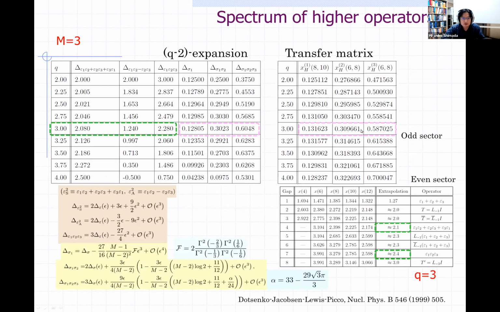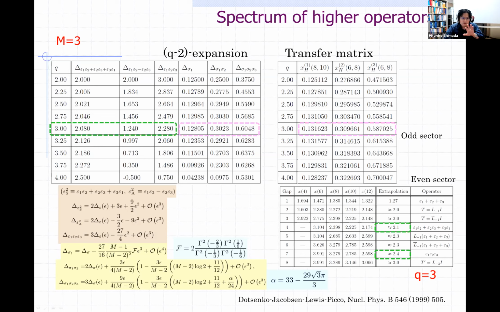And now about the result of transfer matrices. They also measure these higher operators, for instance, these combinations: epsilon 1, epsilon 2, and this replica combination, and the unsymmetric one, second order and third order.